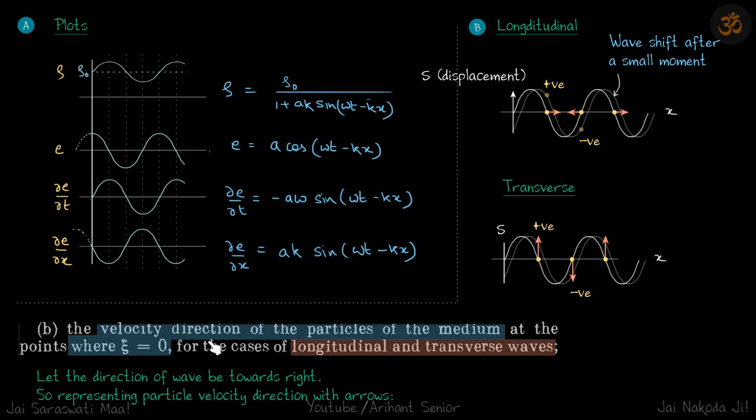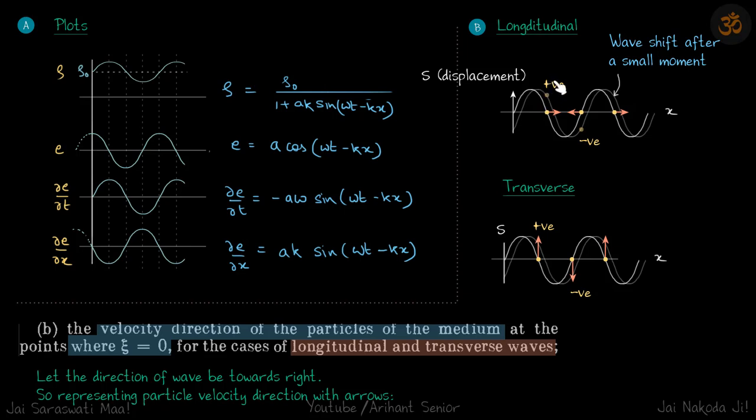Now the B part, where we need to find the velocity direction of the particles at points where E is equal to 0, for the cases of longitudinal and transverse waves. Since in our example the direction of the wave is towards right, here we'll be representing the particle velocity direction with arrows. First is longitudinal.